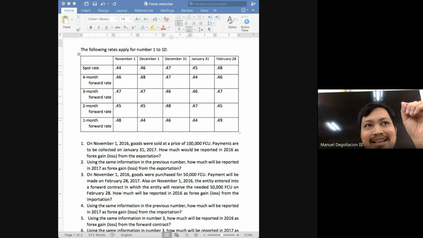Okay? So it is the accounts payable and the accounts receivable that will be adjusted to reflect the current spot rates. And if the balance of your accounts payable and accounts receivable will change because of the change in the spot rates, then the change will be the source of your forex gain or loss.